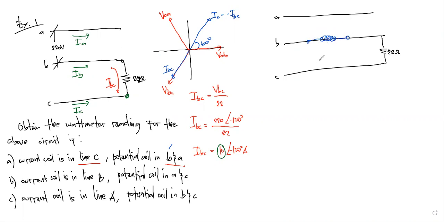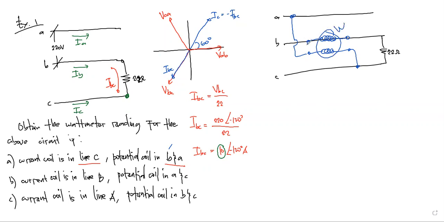The current that will flow in the current coil is obviously the current in line B, IB. The potential coil is in A and C, so we have here the potential coil in A and C, and then this would be the wattmeter.